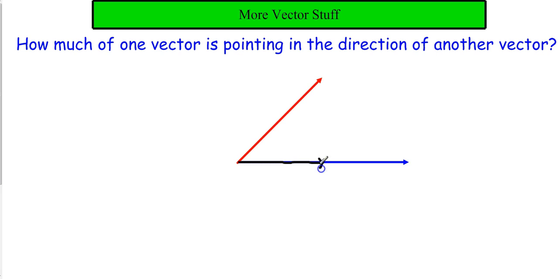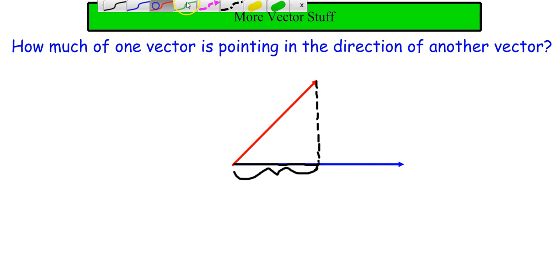The horizontal component of that red vector would look something like that, where if we drew a vertical line down, we've got something that looks like this. So the question, how much of one vector is pointing in the direction of the other vector? This much. That's your answer. This is the quantity that we're looking for. It's this much. That's the x component in the same direction as the blue vector, and that's what we're going to set out to find.